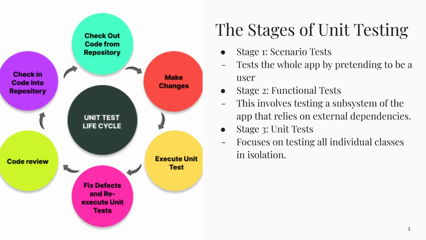And then finally, stage 3, the unit test itself, where instead of taking all these components that rely on dependencies or the car itself, in my car analogy, this would be just testing out every single part of the car itself in isolation.